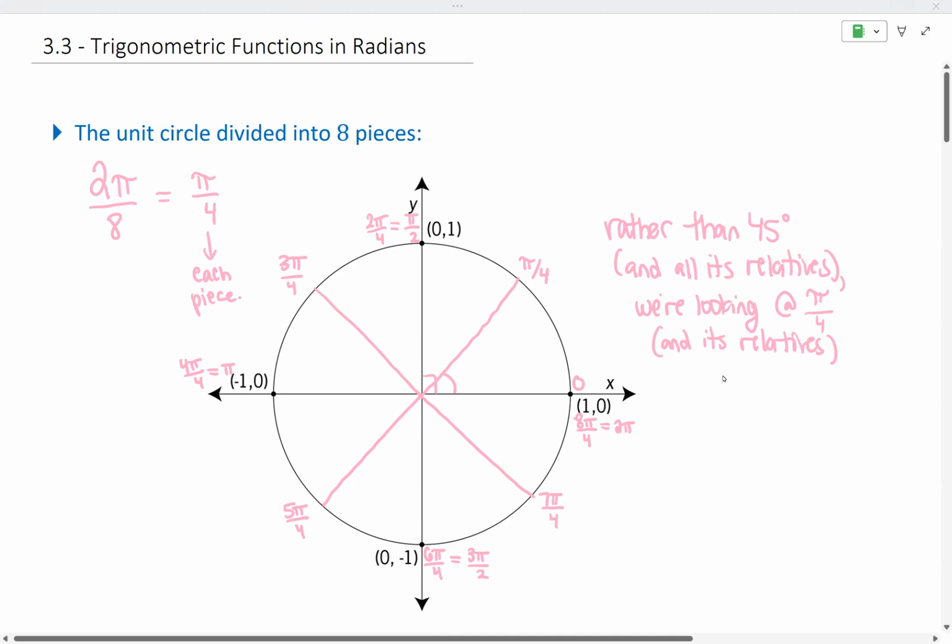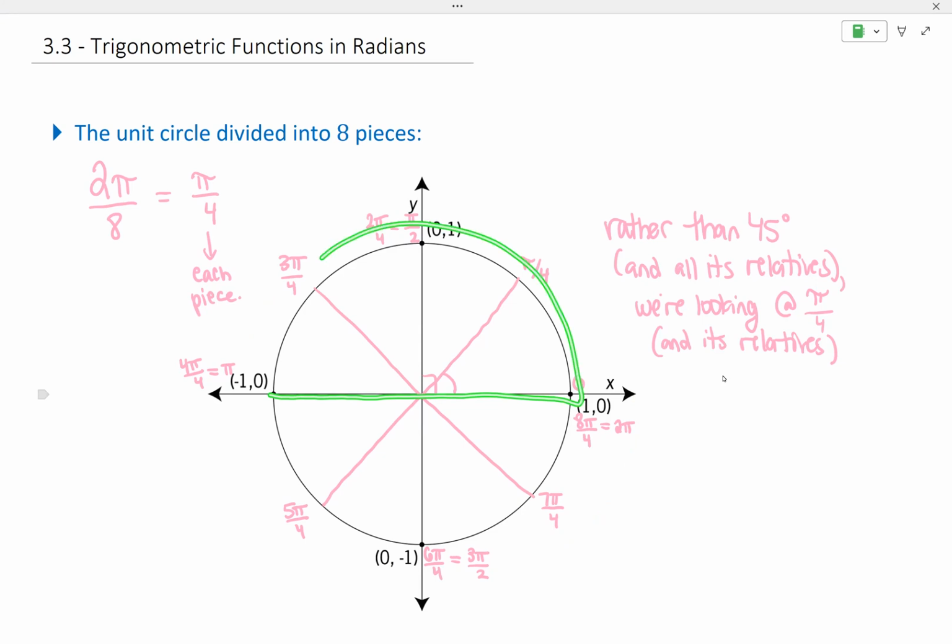So the first one is if you imagine the unit circle here, and if we divide it into 8 pieces, we know, for example, that this first section is pi. So if we cut that in half and we get this section here, that's going to be pi divided by 2.